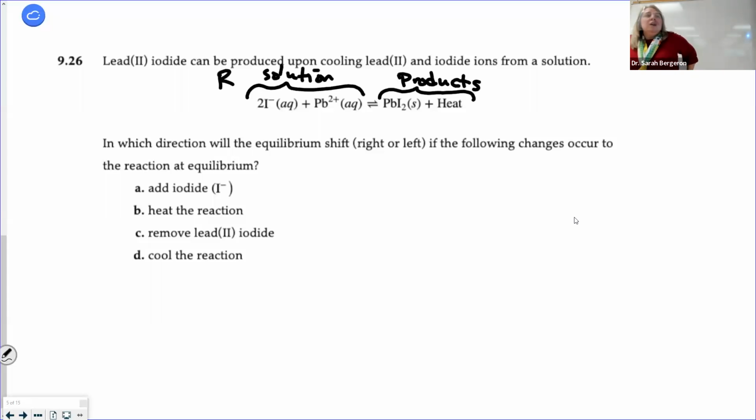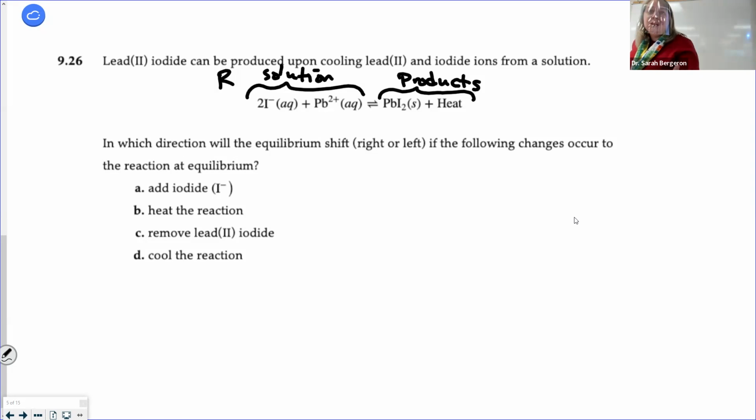So the question is, what happens if I alter this reaction? What happens if I change this reaction? So A through D is telling you, these are the things that I am going to do to the reaction. And then I want to know, how will that affect the chemical reaction?